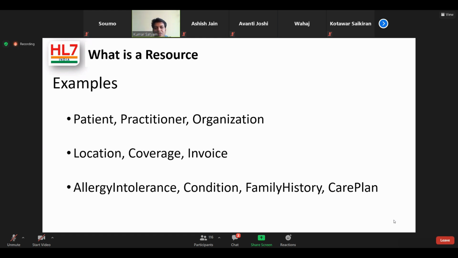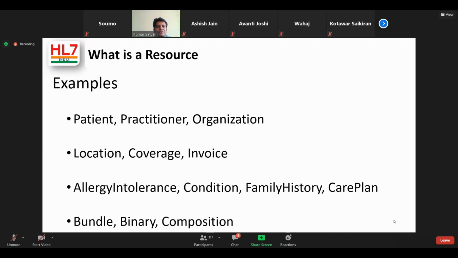Okay, so things to note: these are units which are sufficiently well defined, and their boundaries are well defined, where they can be operated fairly in a standalone manner, and they in themselves fulfill certain requirements of healthcare. So that's how we should think of resources.